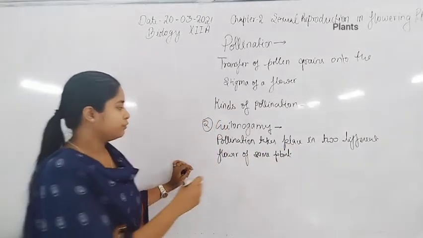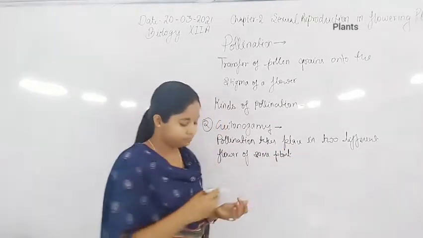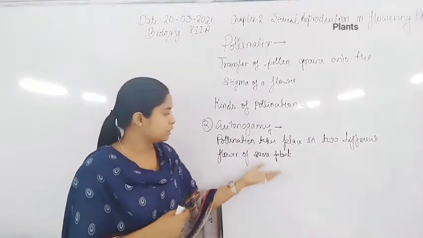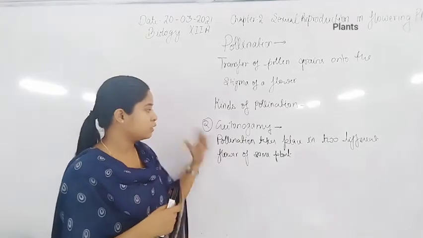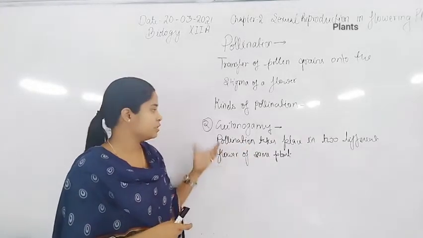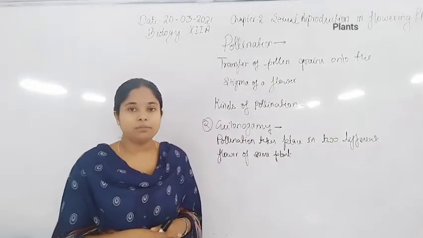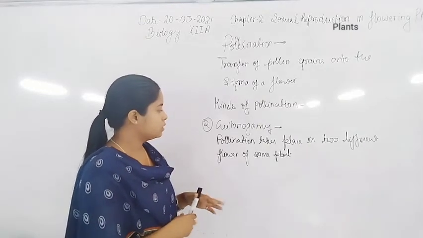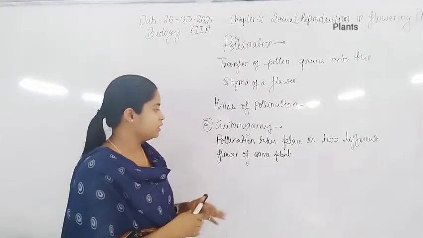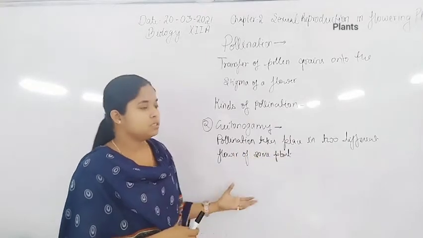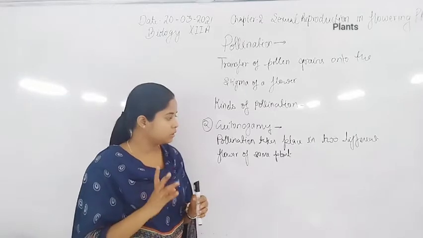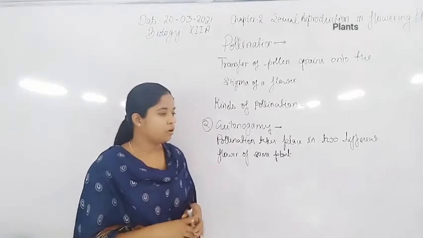If pollination takes place between two different flowers on the same plant, that kind of pollination is known as zytonogamy type of pollination. In such type of pollination, the pollination takes place in between the two different flowers of the same plant.